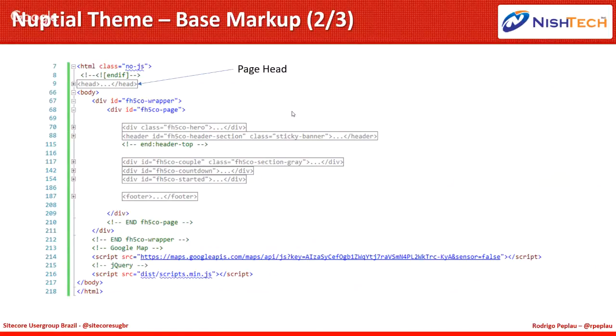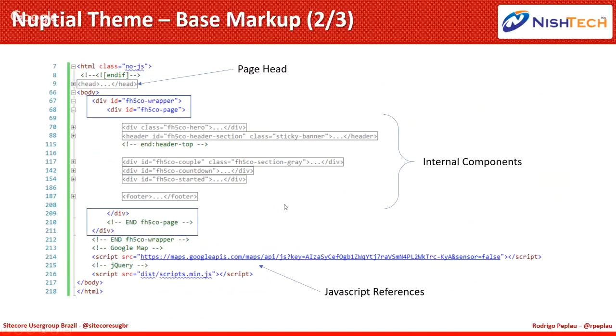I'll tell later what the problem is. But okay, we have a page header here. We have internal components, internal markup. We have JavaScript references at the end. Nothing fancy so far. But we have these divs outside, which is something that out of the box, SXA is not supporting, okay?